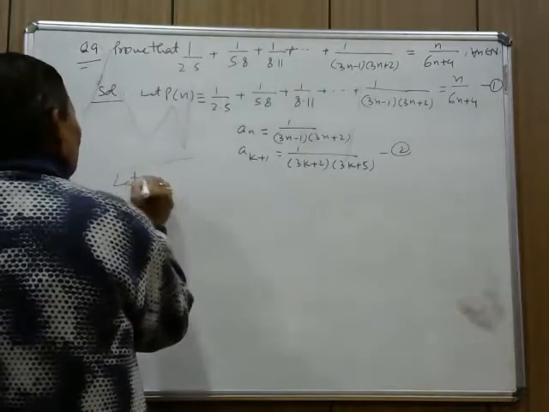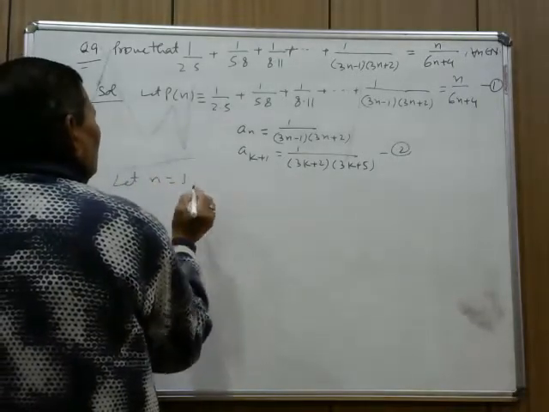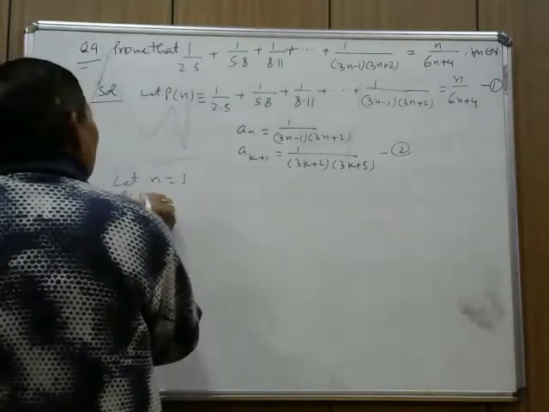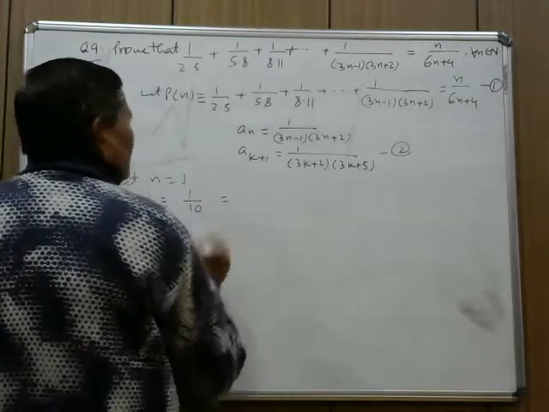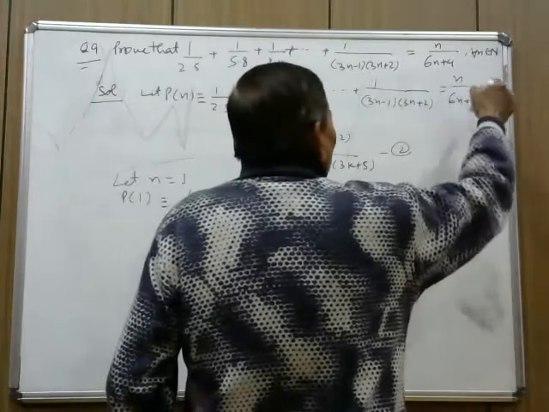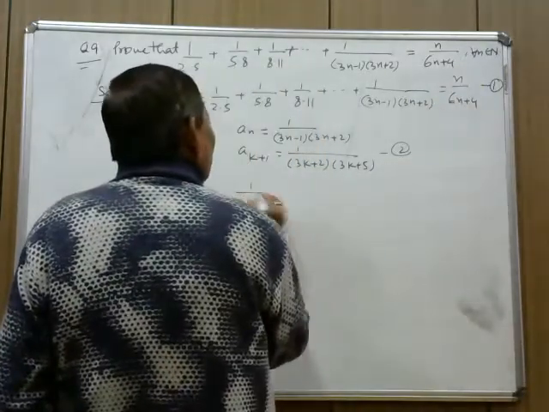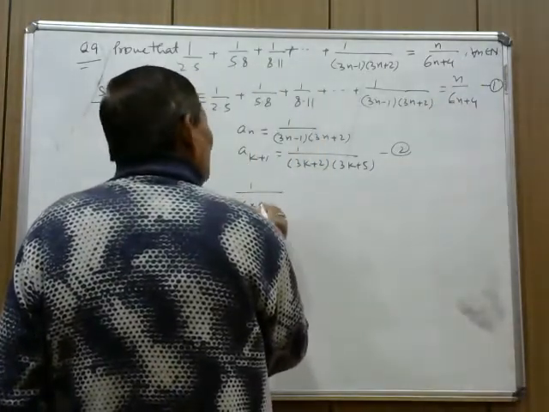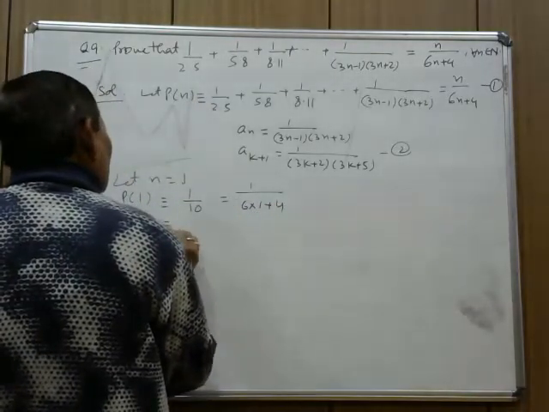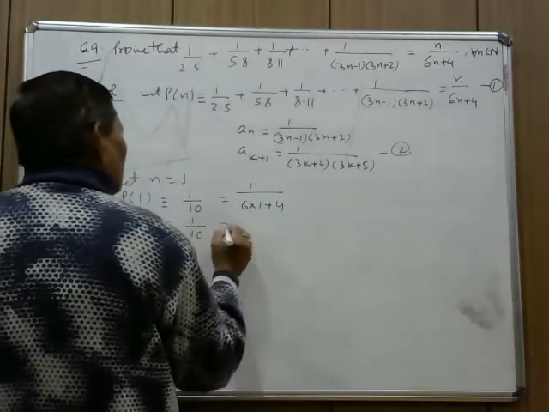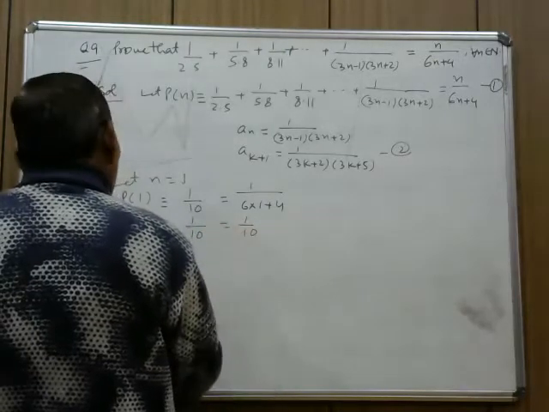Let n equal 1. P of 1 is the value of the first term, 1 upon 10. Put n equals 1 here, so it is 1 upon 6 into 1 plus 4. So P of 1 is 1 upon 10 equal to 1 upon 10.